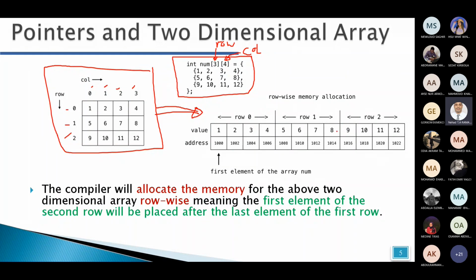Why? Because the compiler will allocate the memory for this two-dimension array using something called row-wise memory allocation. What's the meaning of row-wise memory allocation? It means it will be allocated in the memory sequentially.